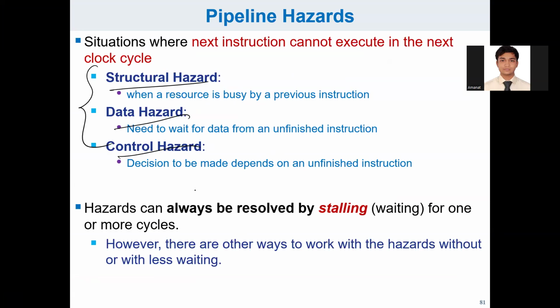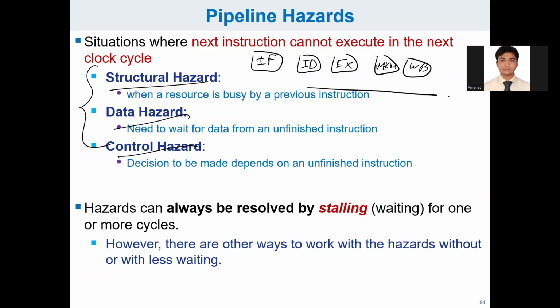If I give you a summary, structural hazard is if you're using the same hardware. Like if you are using this IF, right? You are using the decode, and then execute, memory, and then write back.